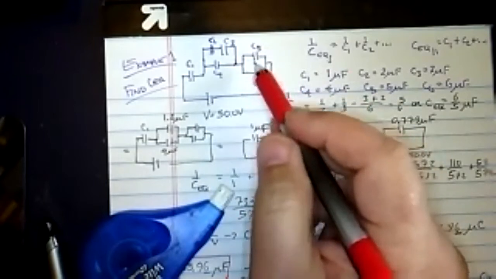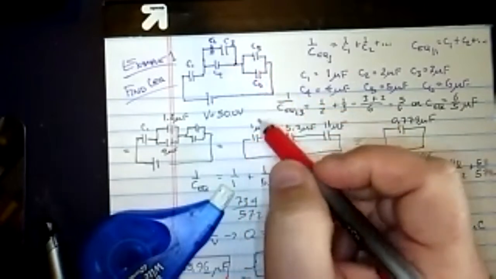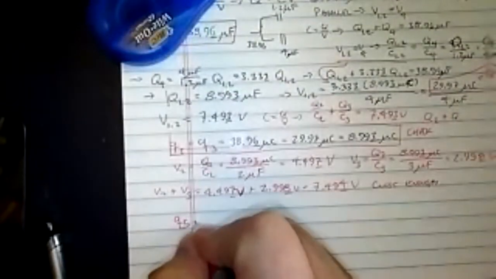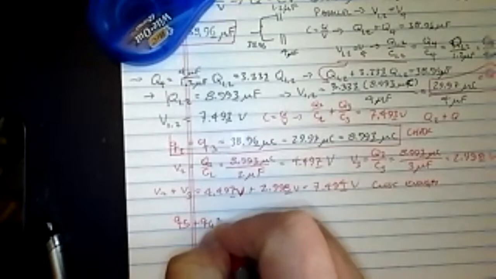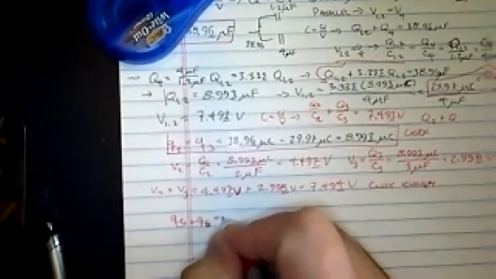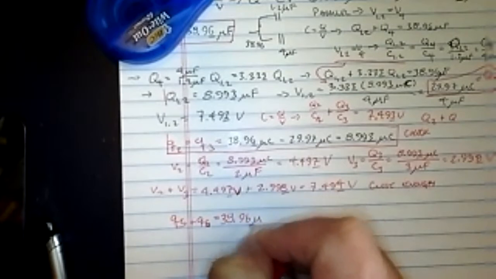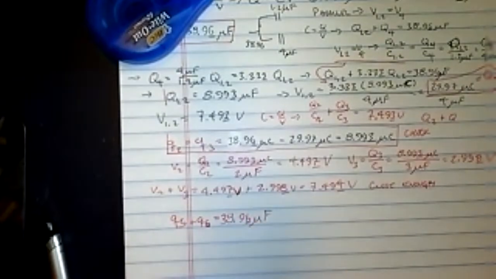Well, because they're in parallel, what dictates that is the two voltages have to be equal. So now I have Q5 and Q6. Q5 plus Q6 have to add to give me 38.96 microcoulombs. One extra sig fig, don't forget.